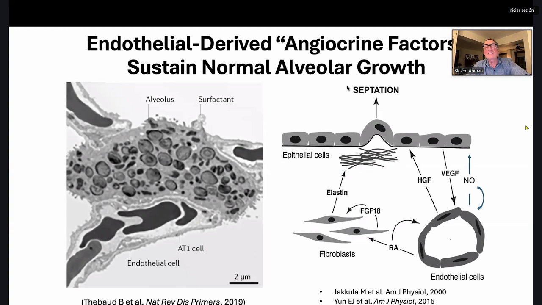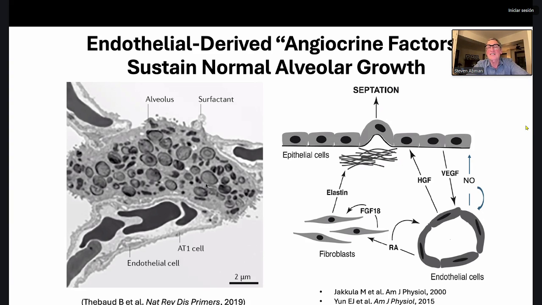So we came up with this kind of a schematic. We've spent a lot of time studying specific mechanisms by which the endothelial cell, as you see here by the EM, actually has pretty close contact in the developing alveolar type 2 cell, our source of surfactant and source of other AT1 cells and things that are really essential.